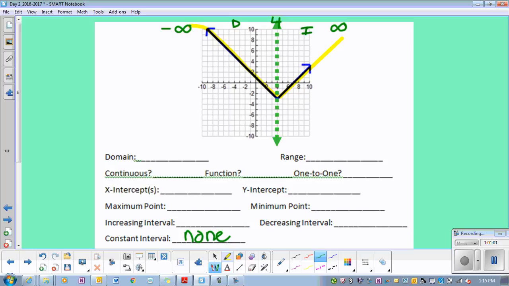Okay. So increasing interval is from what number to what number? Yeah, 4 to infinity. And remember, the intervals always get parentheses. And decreasing interval would be from what to what? Negative infinity to 4. Thank you.